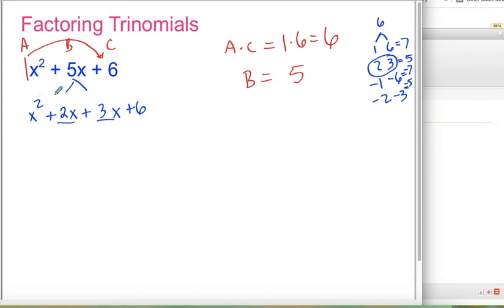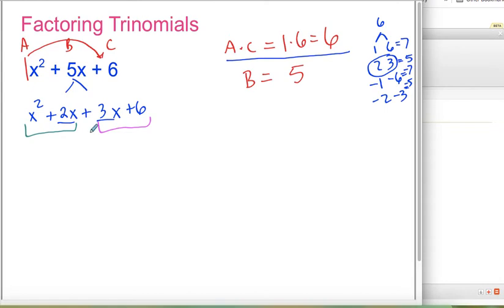So the first step is to break your middle term into 2 pieces, and of those 2 pieces, their sum would be that middle term, and the product of the coefficients is going to be equal to the product of your A times C. Then we're going to take these 2 parts, so this is the first part, and this is the second part, and we're going to factor out our GCFs.